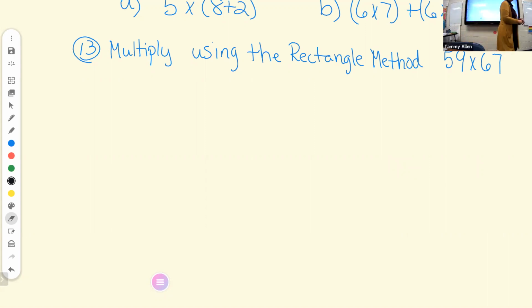I want to review how to subtract with mixed numbers when you have to borrow, just to make sure that we're all on board with that. So get out a piece of paper, please.